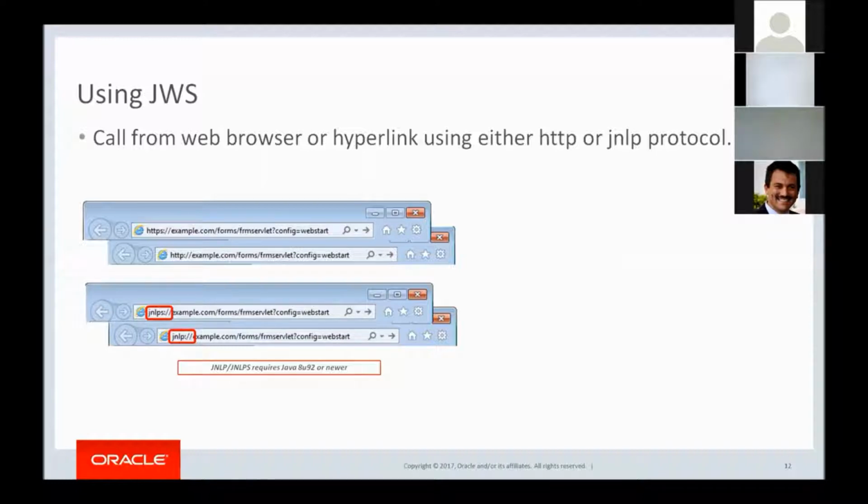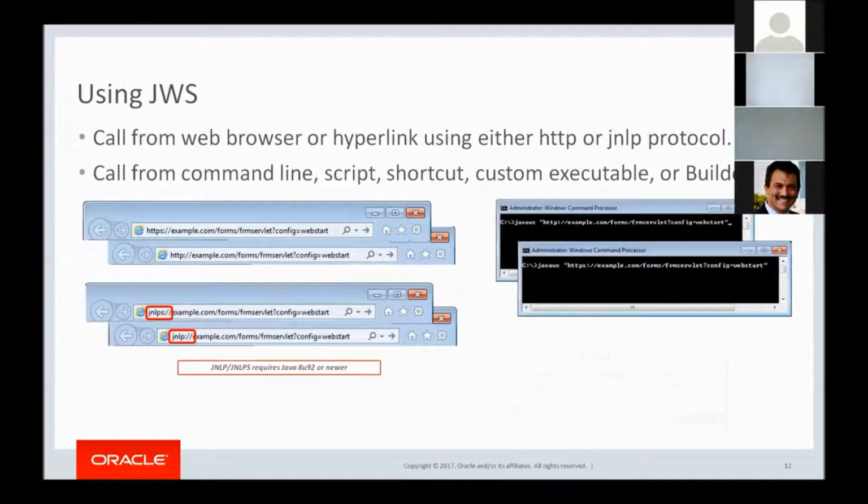Once it's installed, if the browser is following the standards, it will take advantage of the fact that this protocol is registered in the machine. I don't mean you have personally registered it, but the installation of Java has registered it, thereby sending the request directly to the Java WebStart engine and bypassing the use of the browser. I'm going to explain how that works in a little bit more detail shortly, because it's actually a cool feature.